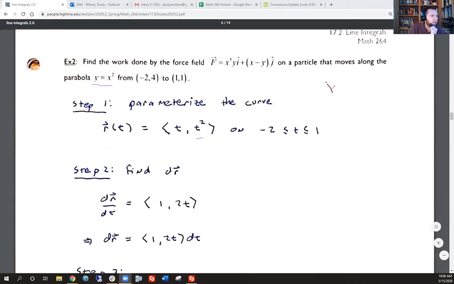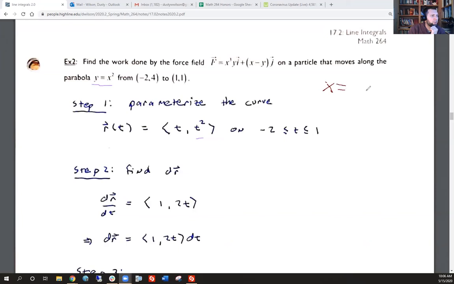So we're saying that x is equal to t, y is equal to f of x is equal to f of t is equal to t squared. Good? Got it. Very good.